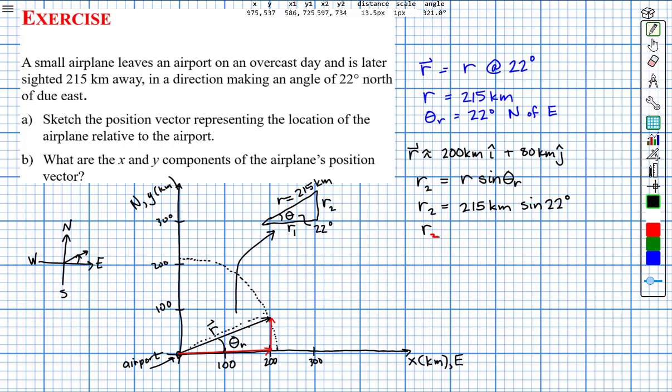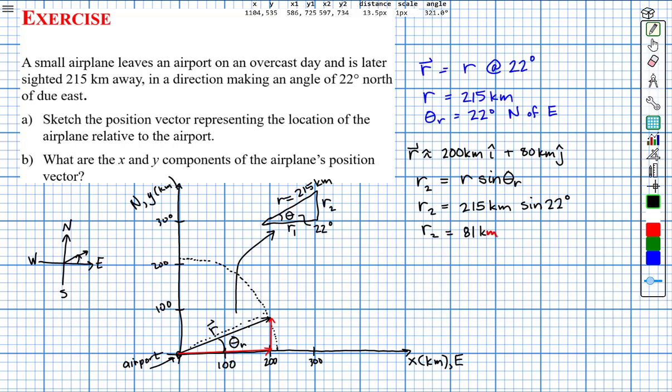So again, 215 kilometers times the sine of 22 degrees. To two significant figures, I end up with 81 kilometers.